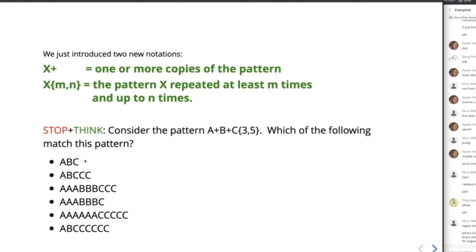And we want to say which of the patterns below will match this. So remember, plus means one or more, and the 3 comma 5 means at least 3 of them and at most 5 of them.